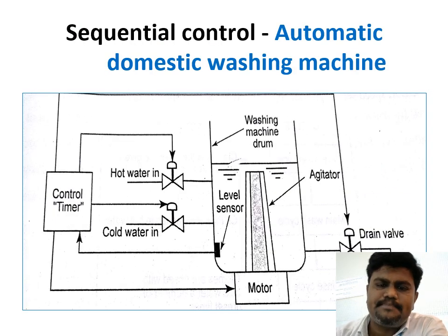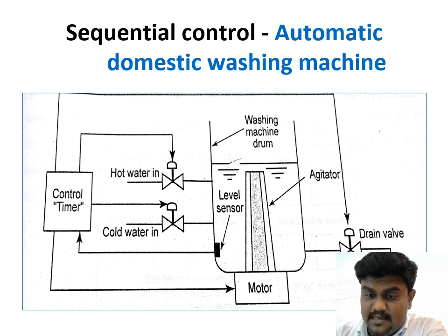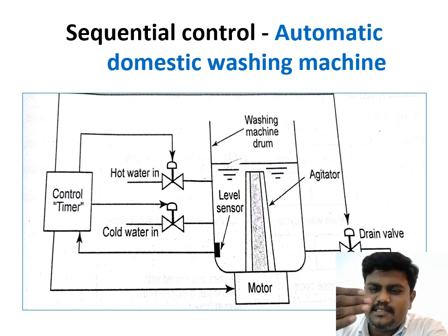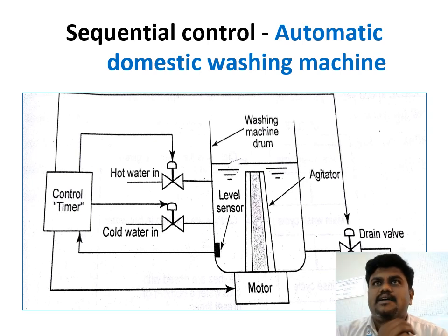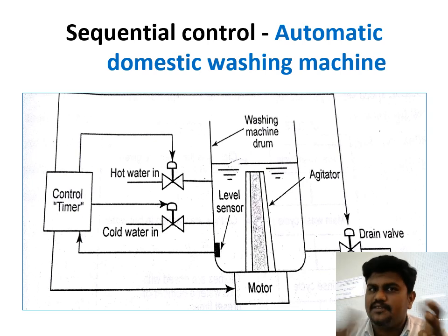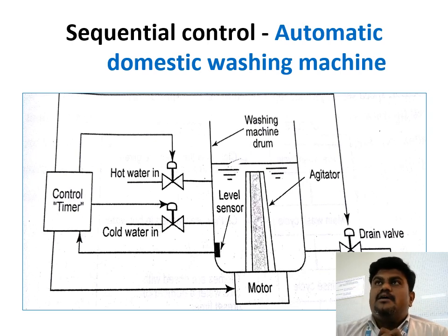For example, if you set some fuzzy logic mode or some speedy mode, the washing machine controller, the microcontroller, works based on the input that we give and the temperature we set, and it works for that particular period of time, about 15 to 20 minutes or 40 minutes. So this is the sequential control system.